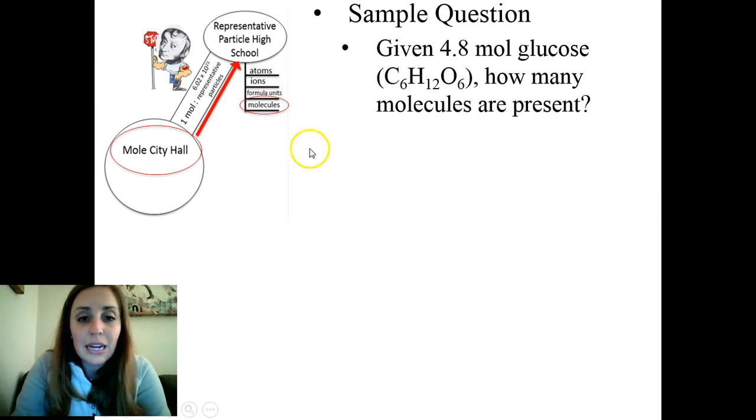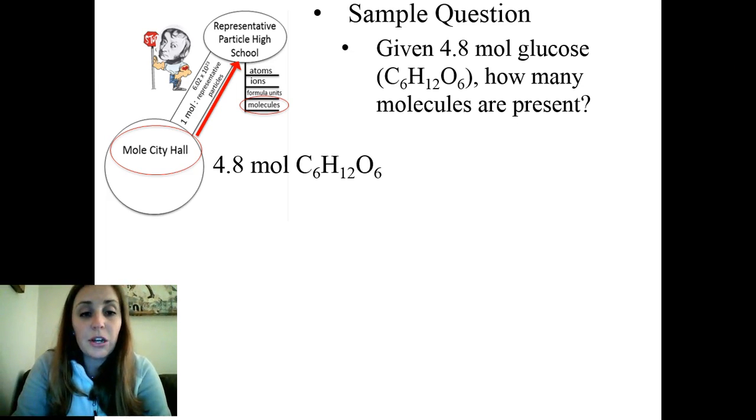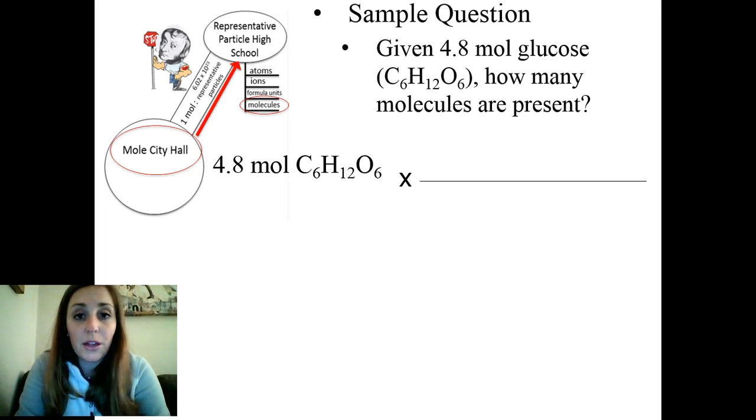All right, now we're going to set up our stoichiometry by writing what we have known first. I know 4.8 moles of glucose, and then you have to set up your X line, so multiplied by some fraction. The rule for Moleville is whatever unit you hit first goes on the bottom. There's one thing that's key that's not written in Moleville, which is what the substance is.